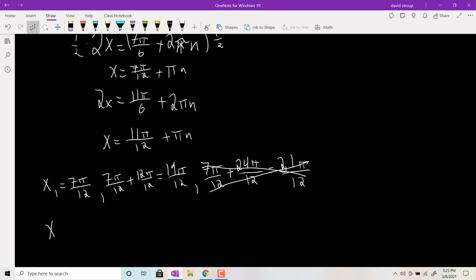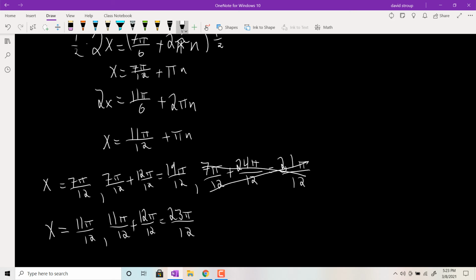And then from the other set, maybe I shouldn't have written x1 because I'm listing a bunch of answers. So for the other set, you start with 11 pi over 12, right? And then you have 11 pi over 12 plus a pi, which is really 12 pi over 12, which is equal to 23 pi over 12.